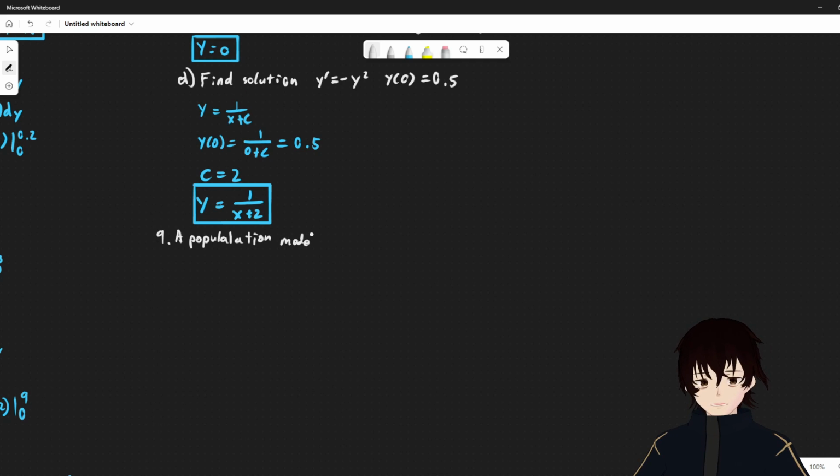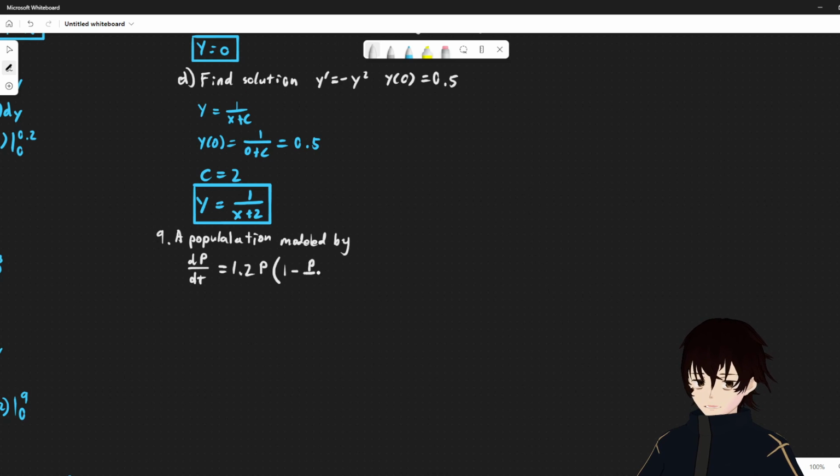Modeled by the rate of change of the population over time is equal to 1.2 times population size times 1 minus P over 4,200. So 4,200 is like the carrying capacity.